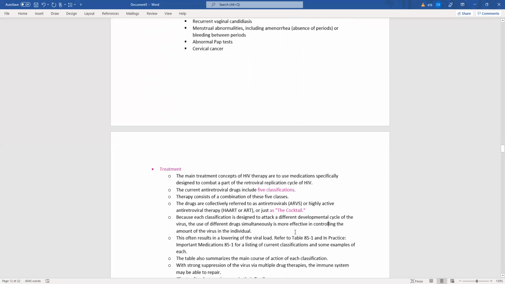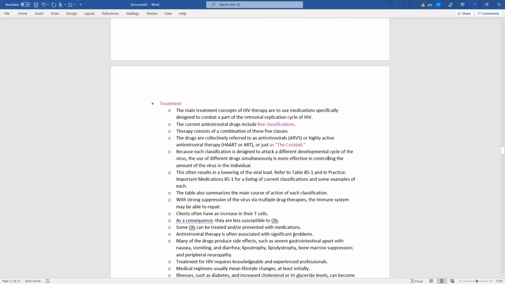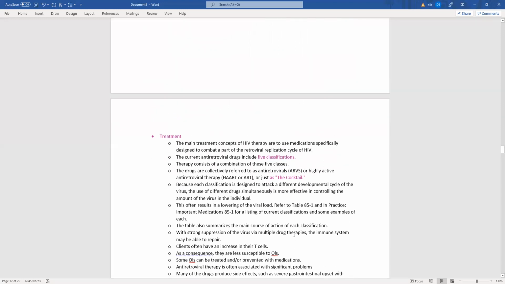Refer to table 85-1. So let me see what 85-1 is. Oh, that's page 1511. That's the one with a whole bunch of different opportunistic infections and conditions related to HIV. We already went over that. So go back to 85. Oh no, that's a box.